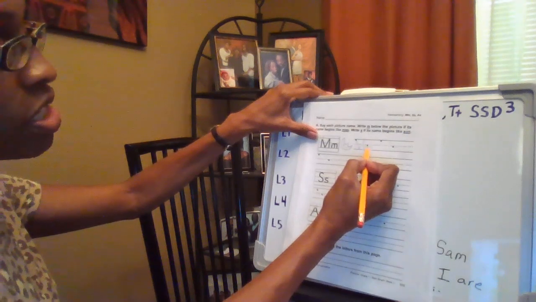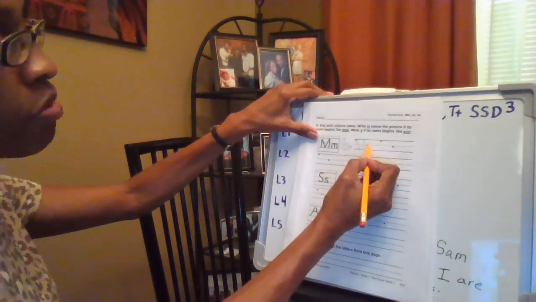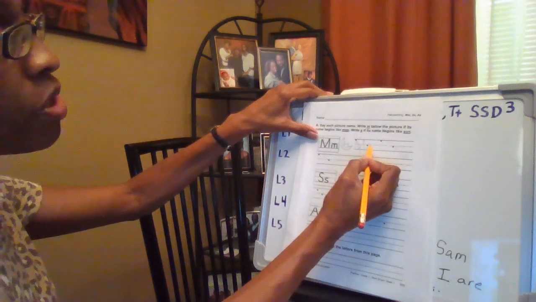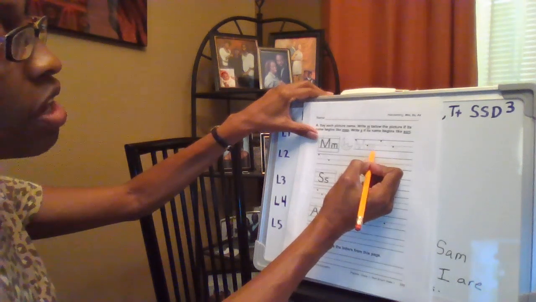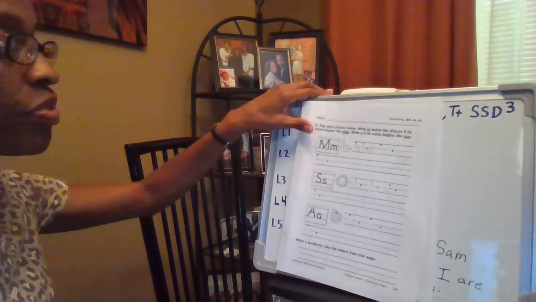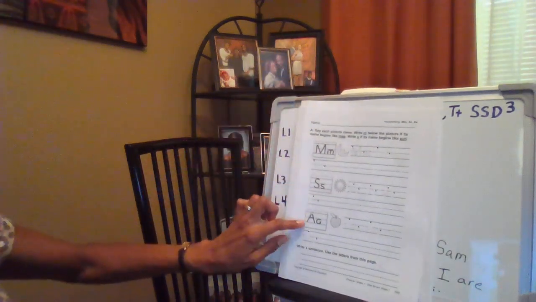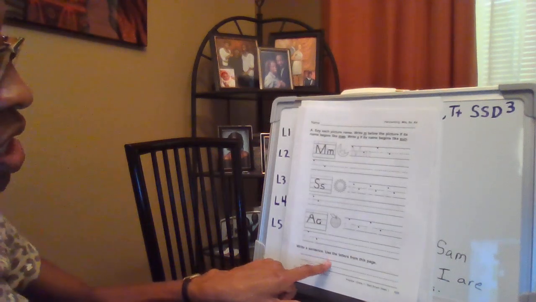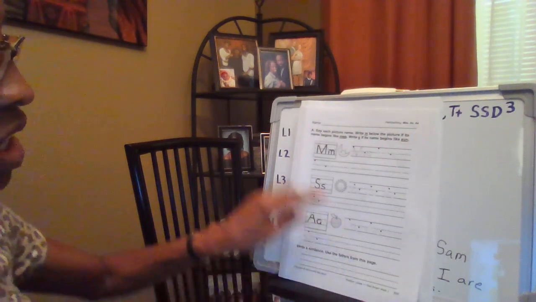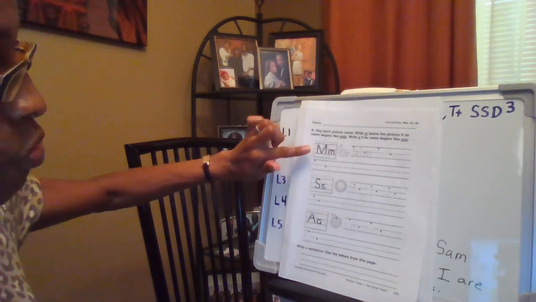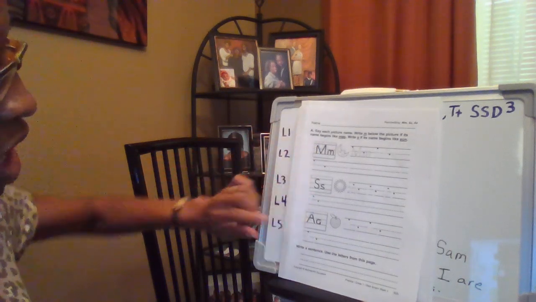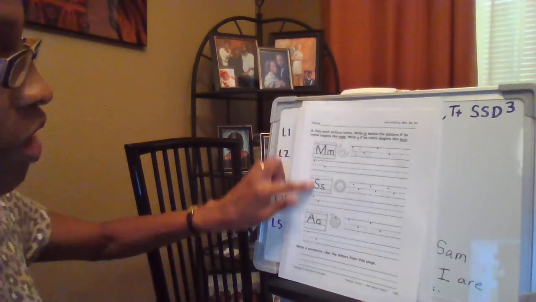So it's a straight stick, go up and around and down to the floor, up and around and down to the floor. Okay, so M, S, and A. And then it says write a sentence. Use the letters from this page. So you have to write a sentence using the letters. An M, a S, or A. Just one sentence. Okay.